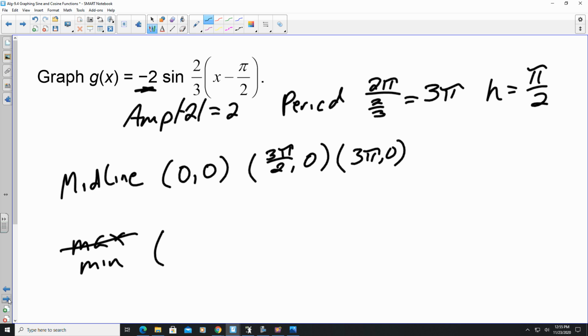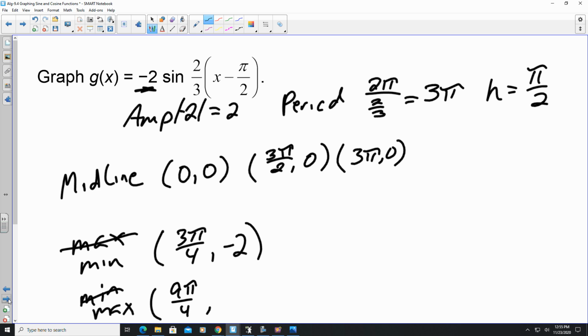So this one here, it's going to be 1/4 times the period. So it's going to be 3 pi over 4, comma, -2. My minimum is now going to be my maximum. And now this is going to be 3/4 times the period. So this is going to be, what, 9 pi over 4, comma, +2.